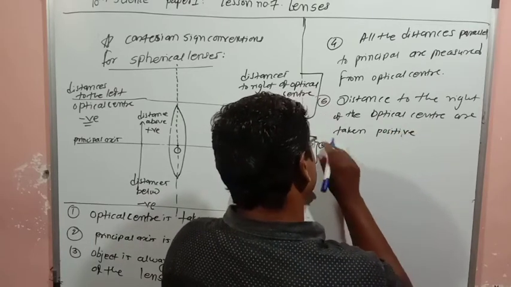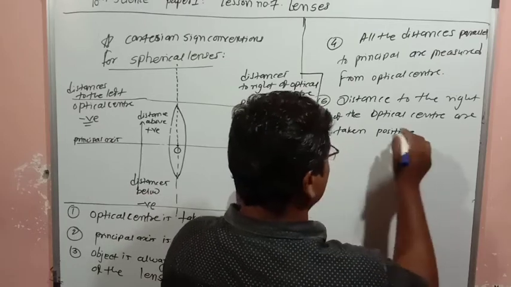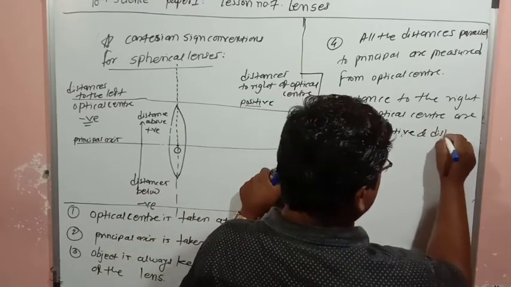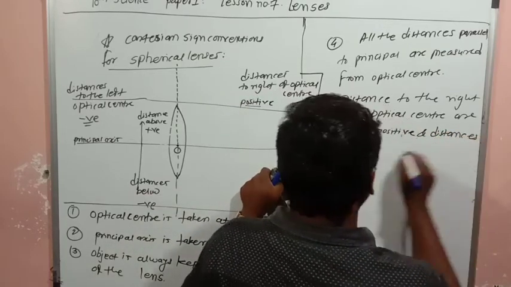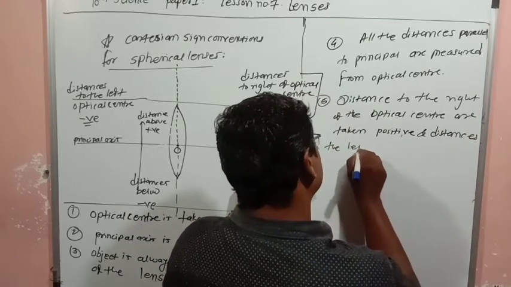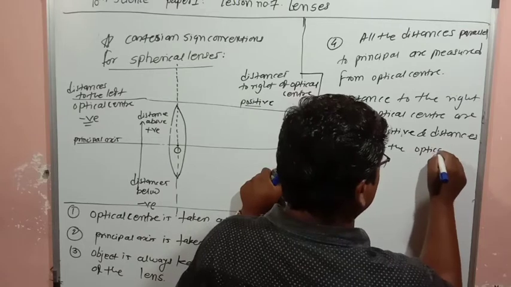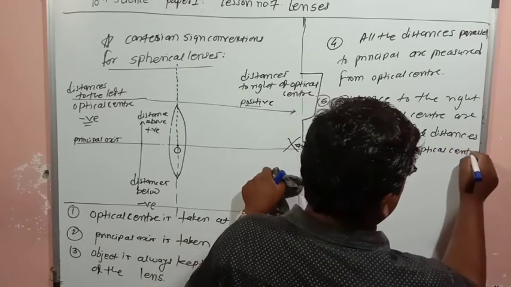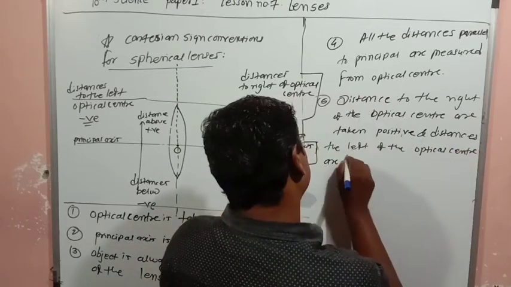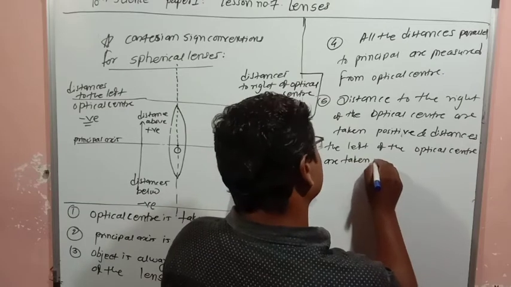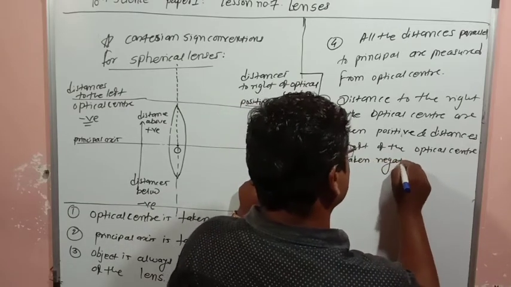Fifth one, distances to the left of the optical center are taken negative.